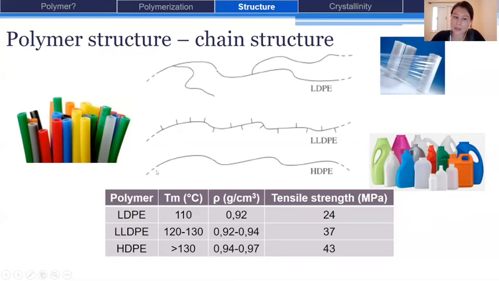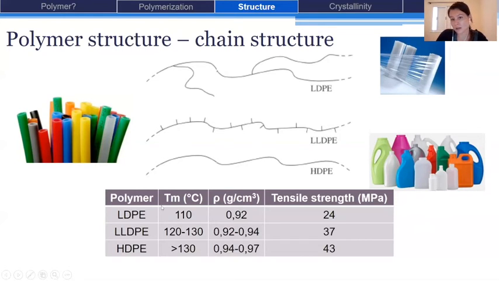And finally, we have high density polyethylene. In that case, we have long chains of polyethylene. So the molecular weight of these chains is higher, and we don't have these short side branched chains. All of them are used to create different products because in fact they have different properties.